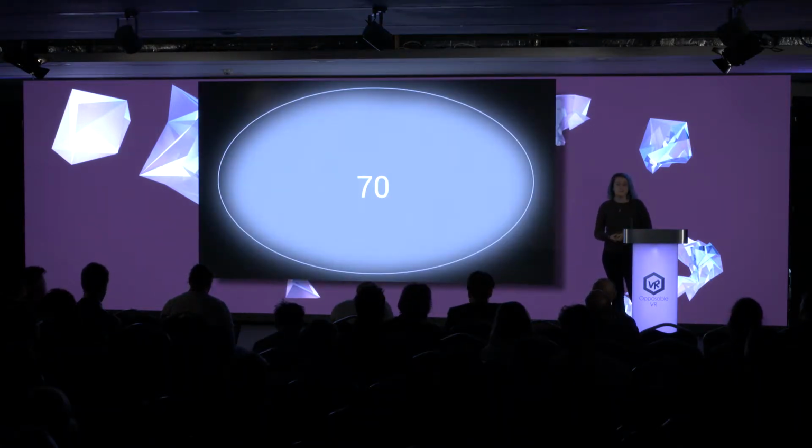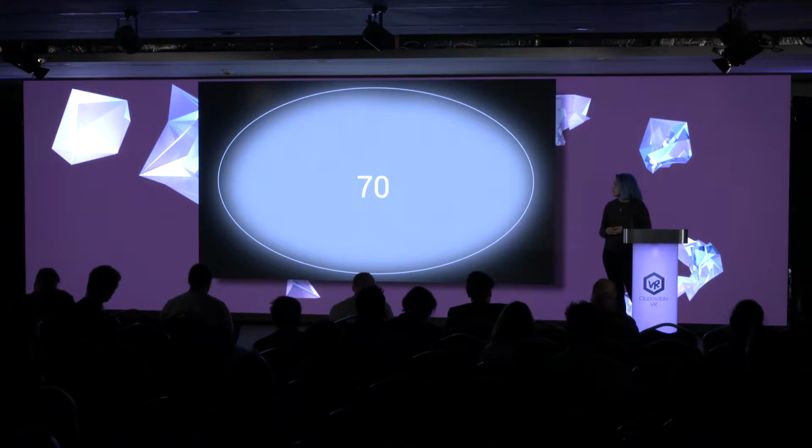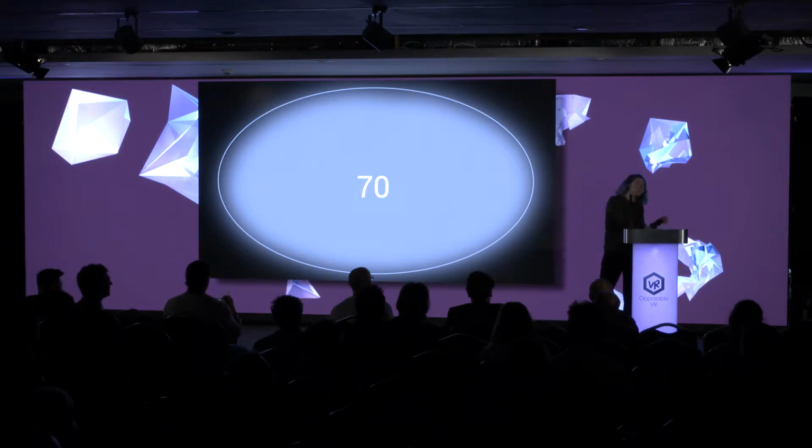And field of view. Field of view is really cool and important when you're working on UI. Most people do the whole Iron Man 360 UI the first time they do it in VR. Then they realize, oh, this is so cool, but then they give it to somebody who doesn't have a swivel chair and doesn't want to turn around, and they realize the person can't use half of it.